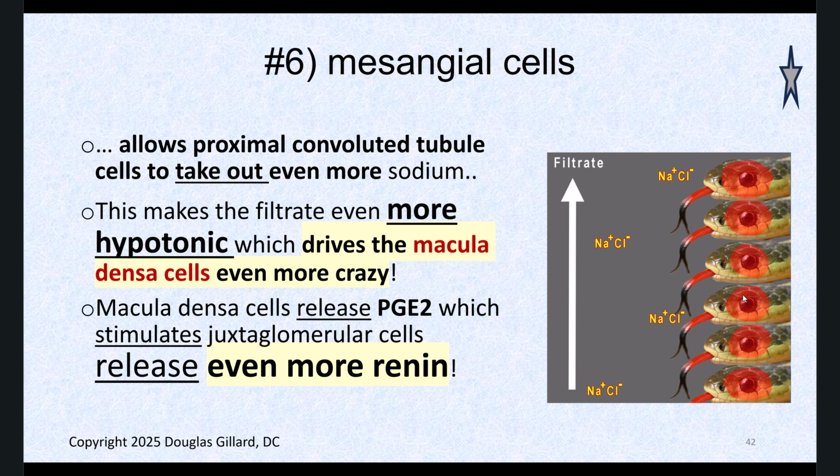I think they're actually sodium potassium 2 chloride channels here. It's not really a snake tongue, but I kind of like this. But when it tastes low salt, it goes crazy, and it sends prostaglandin E2 messages that act as paracrine signaling, and it doesn't even need the bloodstream because juxtaglomerular cells are right next to it. And yeah, that stimulates the release of even more renin.